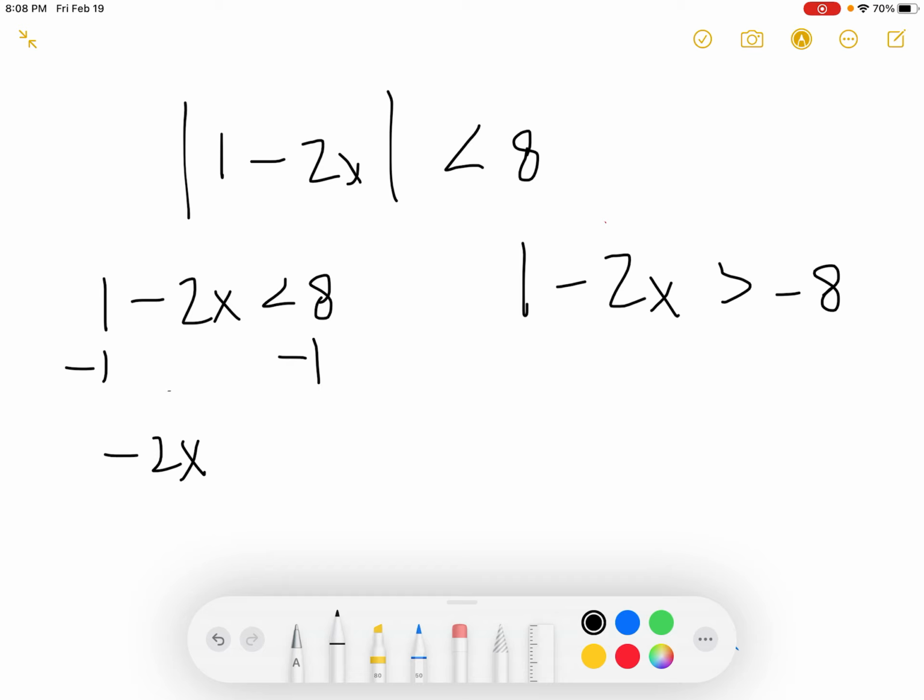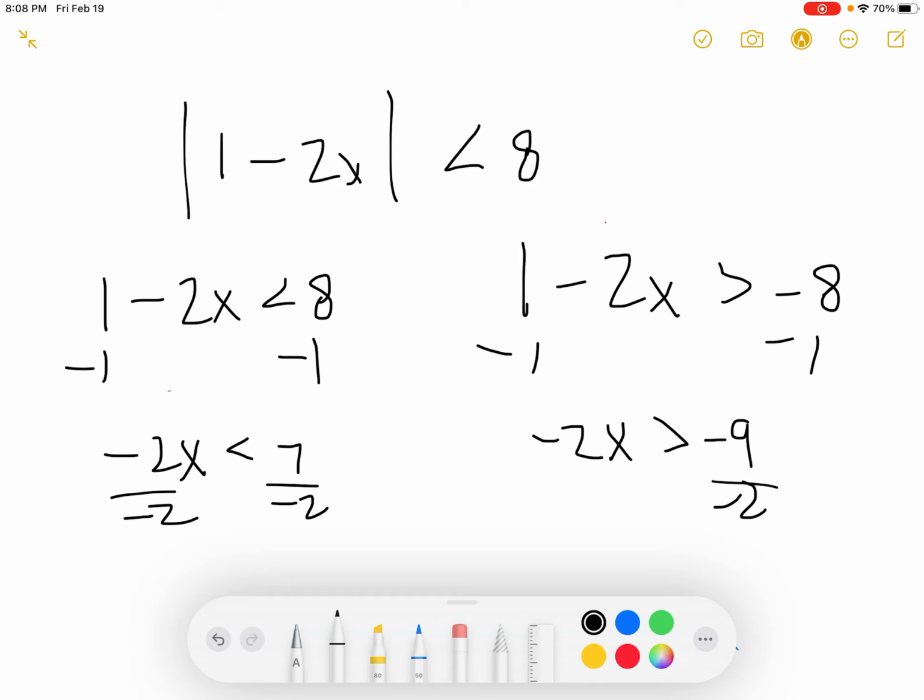We do minus 1 on both sides, and that would cancel out, so we have negative 2x is less than 7. On the other one we do the same thing, so we have negative 2x is greater than negative 9. Then we divide by negative 2. Anytime you divide by a negative in inequalities, you always flip the sign. That's super important.